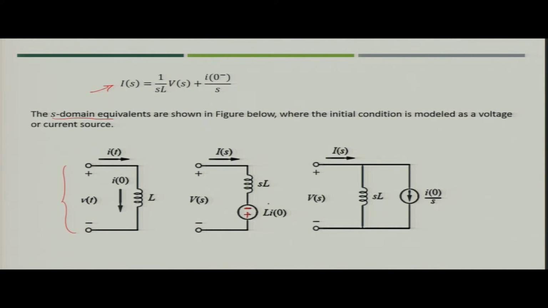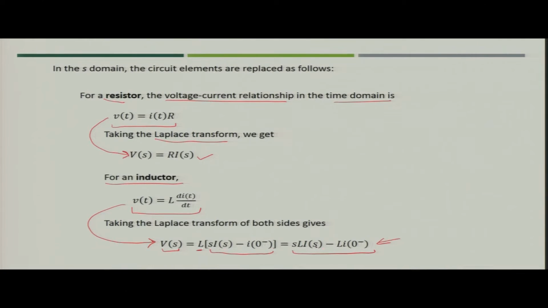So, the equation for voltage in S domain for the inductor will become sL, that is the inductor, in series with a voltage source equal to L into i(0), with negative polarity on top and positive in the bottom. So, this represents the equation which we just derived while we were transforming the time domain equation into S domain.